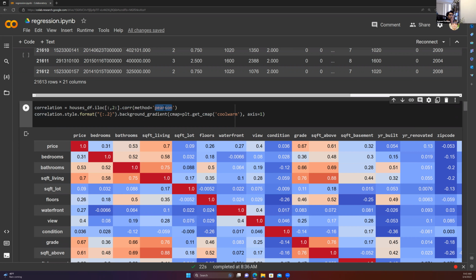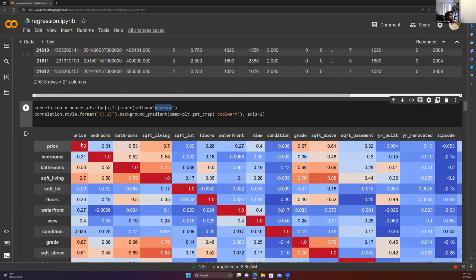I won't get into that, but Pearson correlation is just a correlation between two different variables based on how significant the relationship is. If they have a strong linear relationship, as one goes up the other one goes up too, then you would see these more aggressive colors, closer to red.